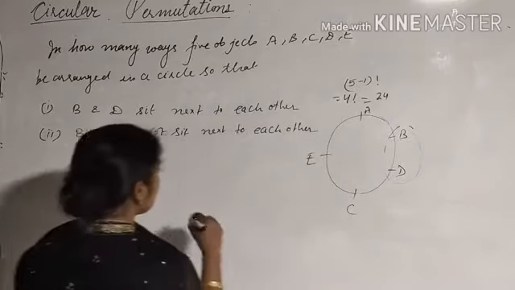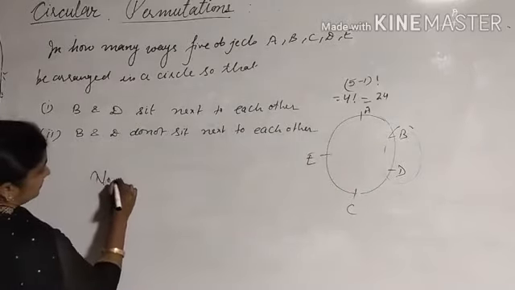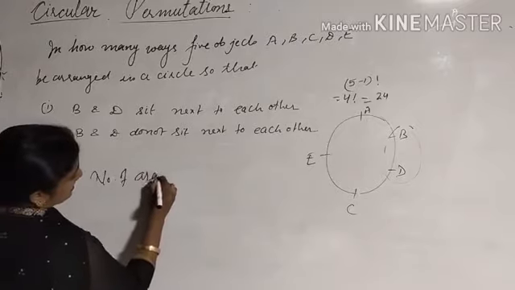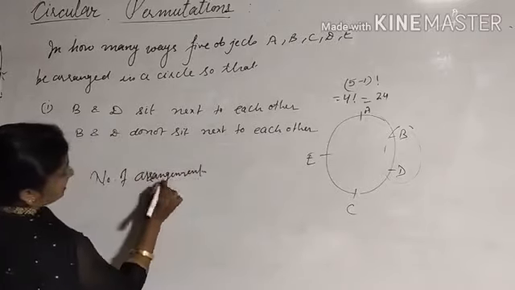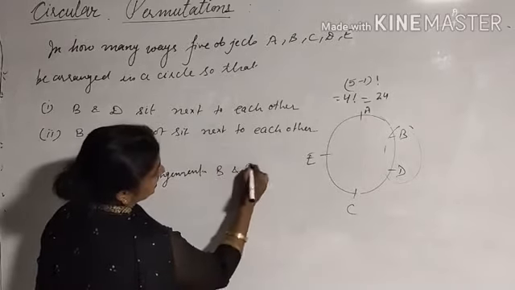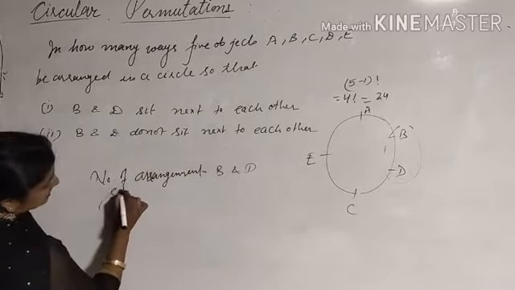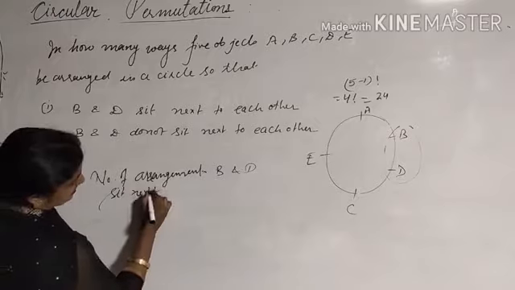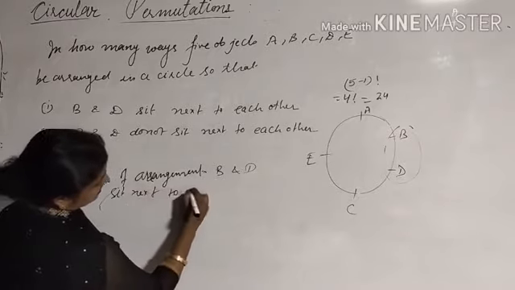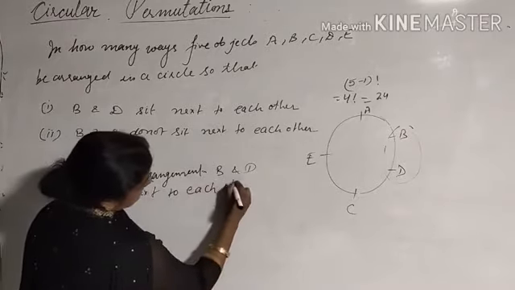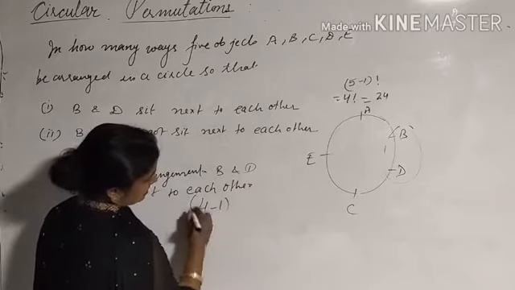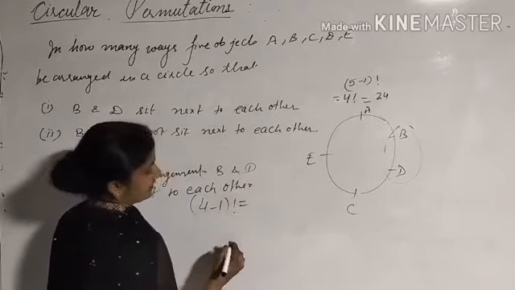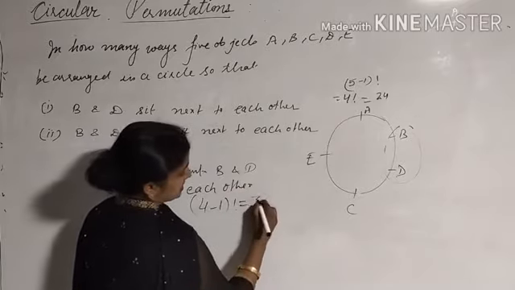So the number of arrangements if B and D sit next to each other is, as they have to sit around the circle, 4 minus 1 factorial.